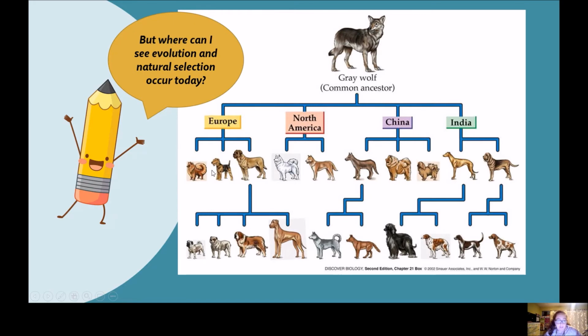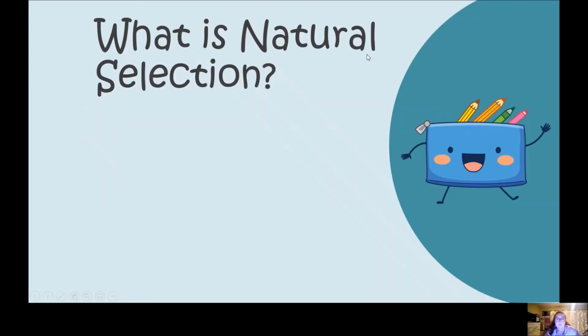As you can see here, dogs in Europe are a lot different than dogs you'd see in India. And as these dogs evolved into other breeds, evolution and natural selection is still occurring to this day, maybe just not as rapidly as some might think.